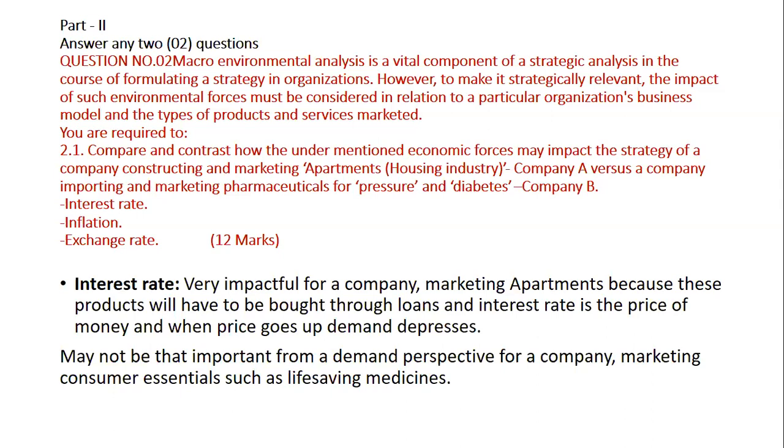So what they are giving you is two contrasting industries. One is putting up apartments, a company by nature like overseas realty or prime lands, so they are into apartment building, civil construction, and selling and marketing. The other one is a pharmaceutical importer and marketer, right?